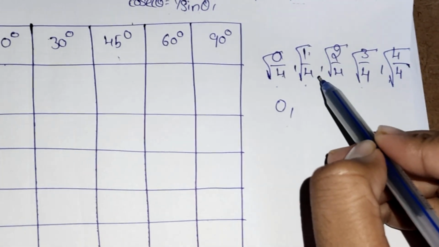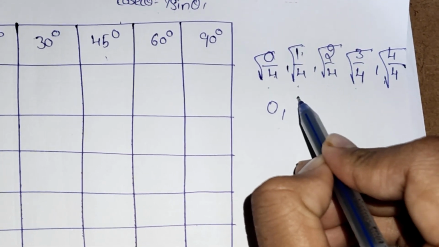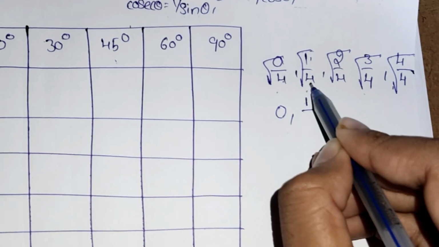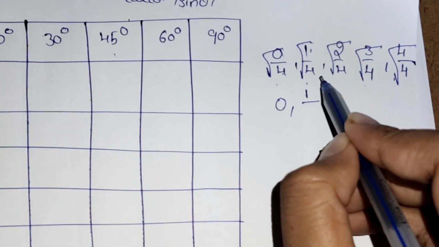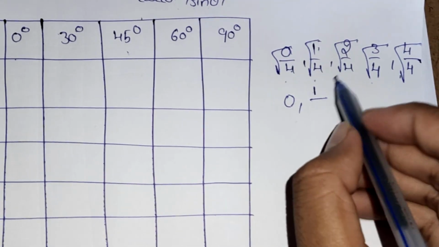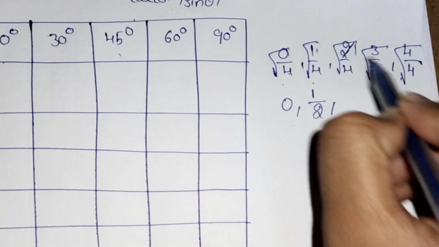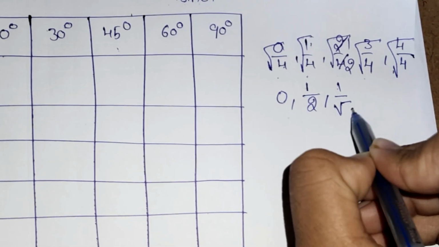The square root of 1 is always equal to 1. And what is the value of root 4? Root 4 is nothing but the square root of 2 squared, so the square root gets cancelled. The remaining value is 2. So this is 1 by root 2.